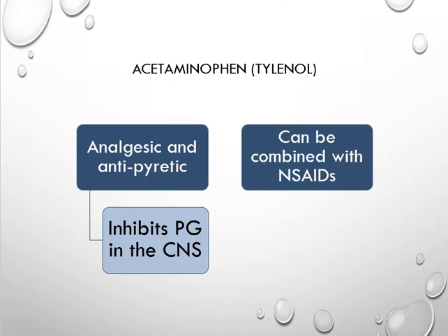You might see it combined with some of those medications, NSAIDs plus opioids. It's a popular drug to combine with other pain medicines because of its analgesic antipyretic effects that act centrally. Inhibits prostaglandin in the CNS, not peripherally.